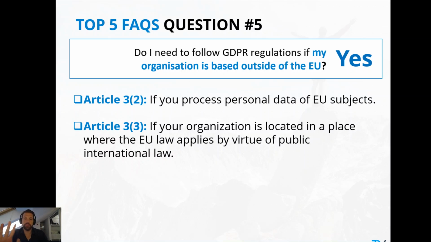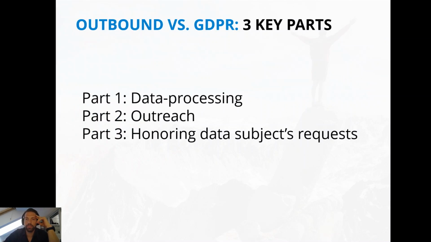And this is the region that they describe. So if your organization is located in a place where EU law applies by virtue of public international law. So maybe if you are based in North Korea or Iran, the GDPR might not apply, but unless you are in some other countries, the GDPR will probably apply.